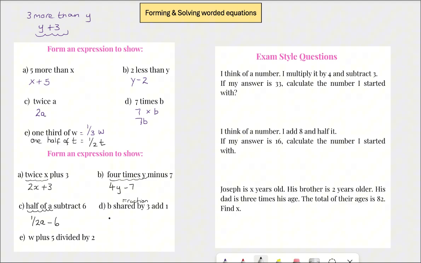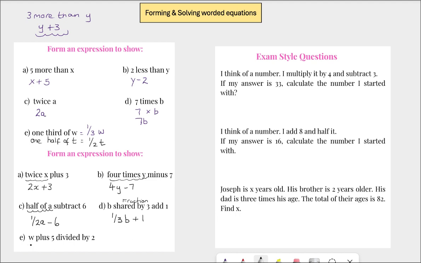That's something I will go over because that can be quite tricky. So shared is a fraction. B shared by 3 is going to be 1/3 B, add 1. Look at it as a fraction. It's going to be 1/3 because there's no other numbers there. It's just shared by 3, which is 1/3.